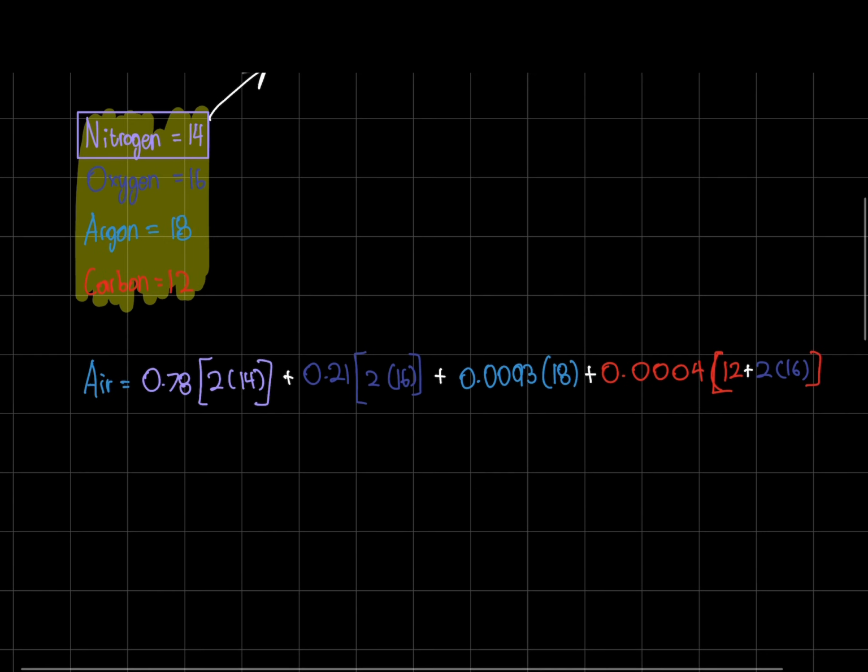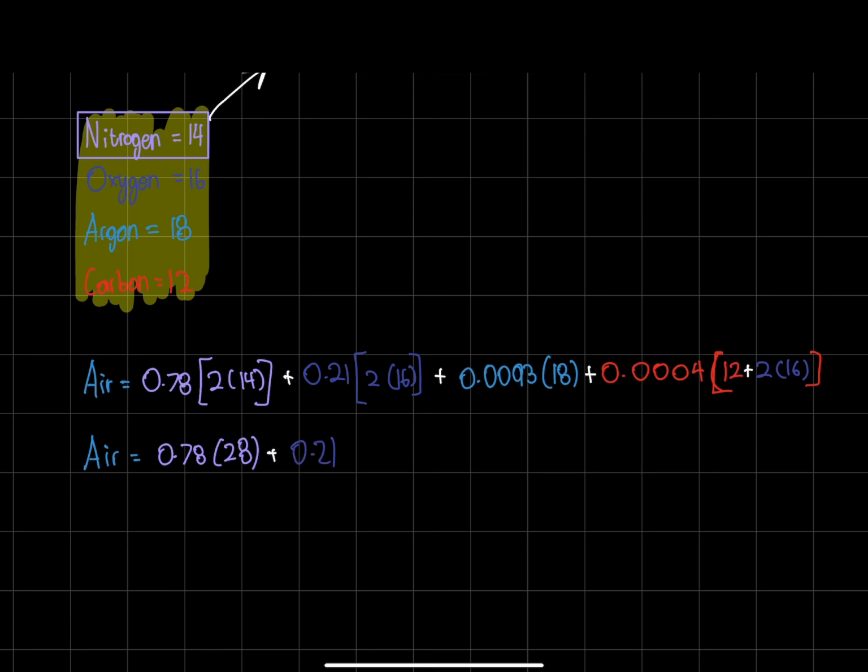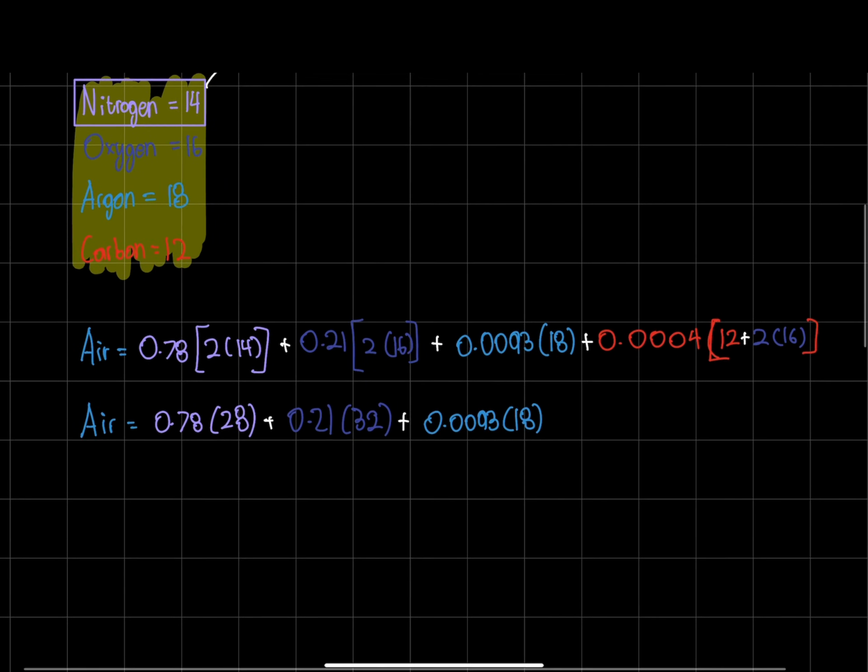So this is going to give you the mass of air as 0.78 bracket 28 plus 0.21 bracket 32, because that's the mass of 2 oxygen atoms, plus 0.0093 times 18. That stays the same because it's just one argon atom. Remember that argon doesn't really want to chemically combine with other atoms because it has a fully filled valence shell.